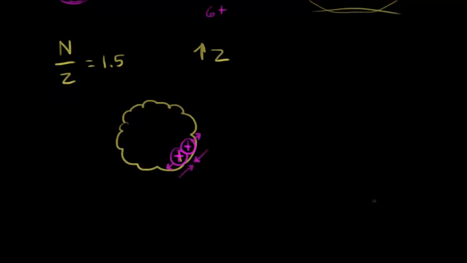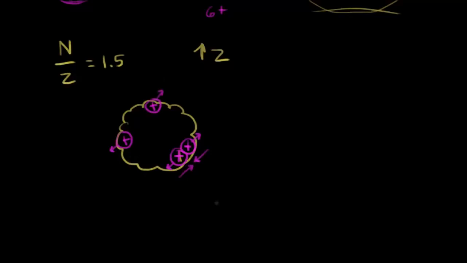And the strong nuclear force wins, but this is only when you're talking about short distances. Remember, the strong force acts only over short distances. So if you have protons that are far away from each other, there's still a repulsive force. The electrostatic force is still present, so they're still repelling each other. But you don't have the strong force anymore.